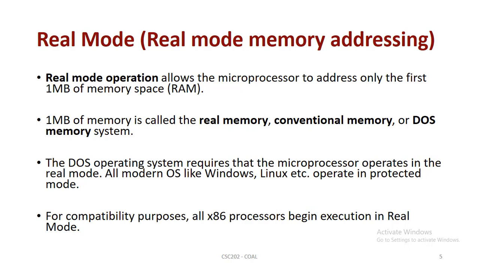That's all. You cannot extend beyond this memory size. This is an upper limit. Even if you have more RAM installed in your computer, if your microprocessor is running in this operational mode, you will not be able to go beyond this limit of 1 MB.